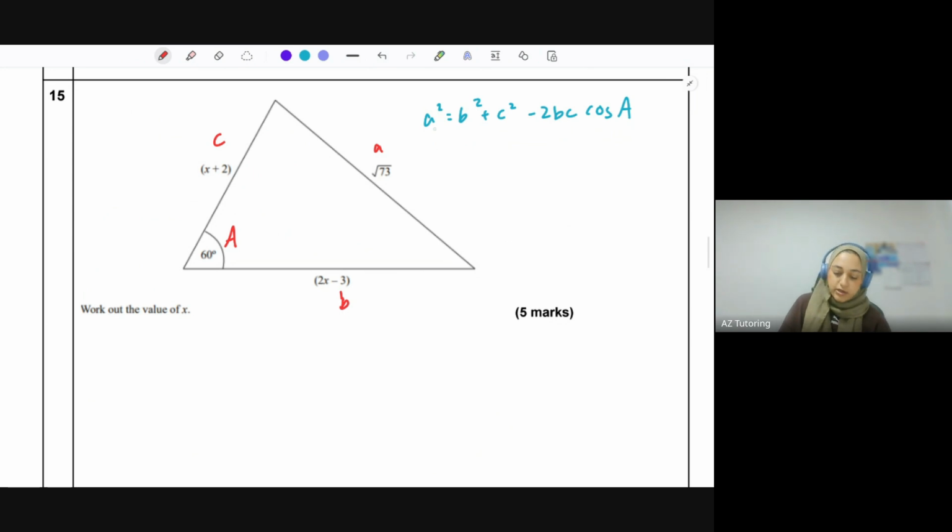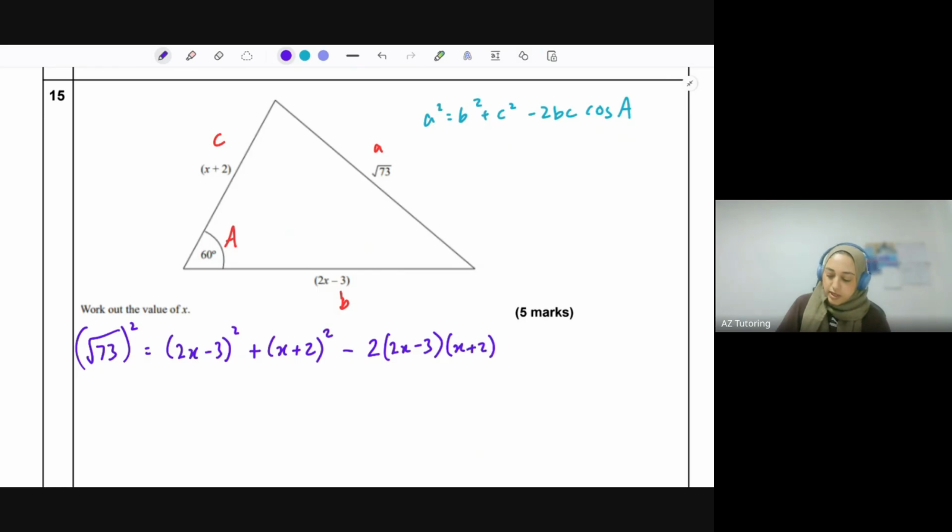Now we're just putting everything in. So a squared, which is root 73 squared. There's going to be a lot of algebra testing in this question as well. We've got b squared, which is 2x minus 3 squared, plus c squared, which is x plus 2 squared, minus 2 times b, which is 2x minus 3, times c, which is x plus 2, times cos of 60.